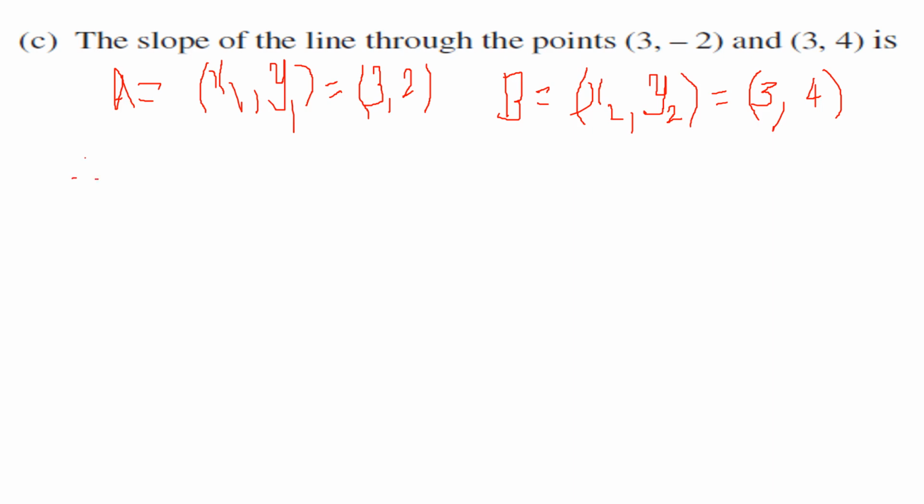Therefore, slope of the line AB, that is equal to m. Previously I told you, slope of a line is denoted by the small letter m.